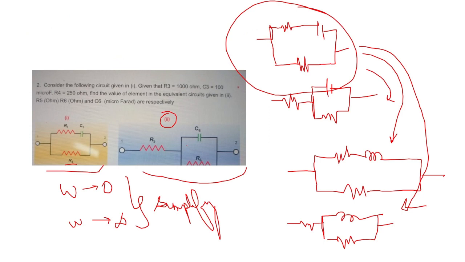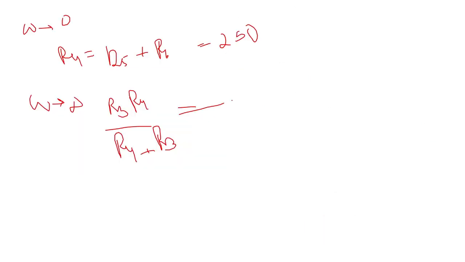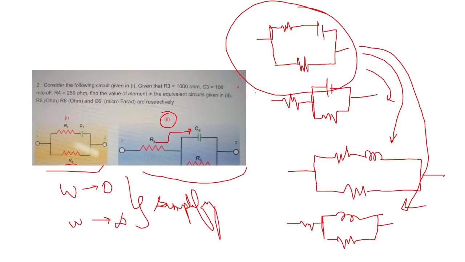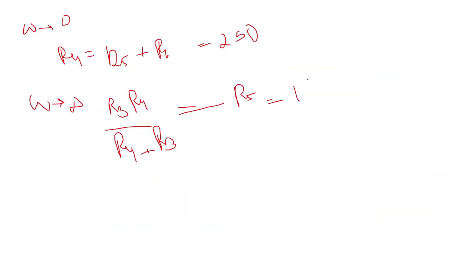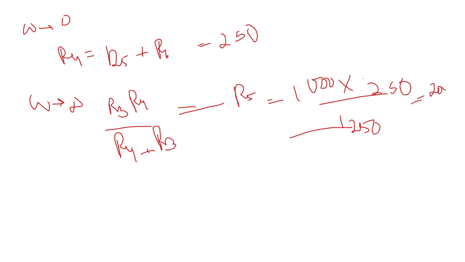R5 is there, C6 offers negligible resistance, so all the current will pass this way. So it is only R5. I know R3 and R4: R3 is 1000, R4 is 250. So 1000 into 250 by 1250.